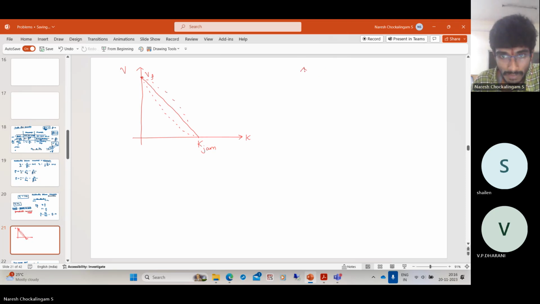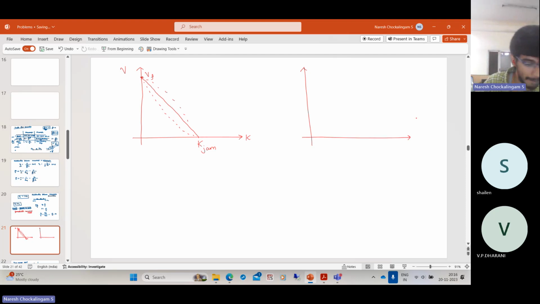How? So q is equal to k times v. So the relationship between q and k is something like this. Let me put it as k versus q. When there are very few vehicles, the speed will be maximum, but the flow rate is measured as n by t, right?